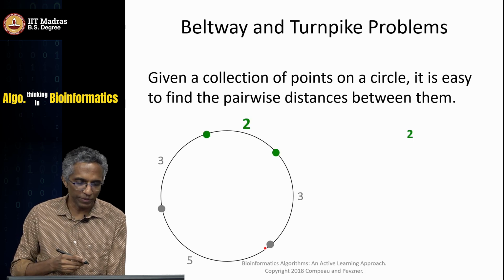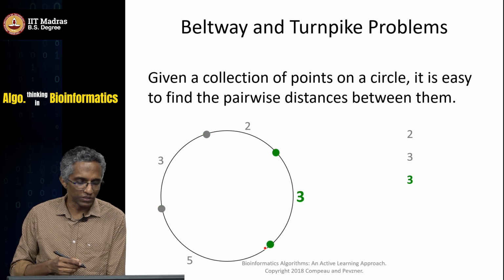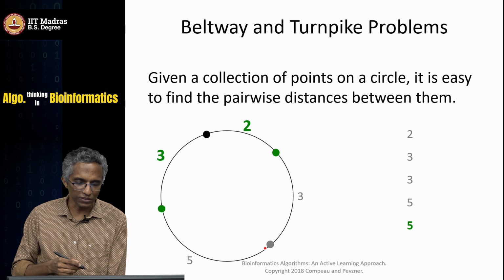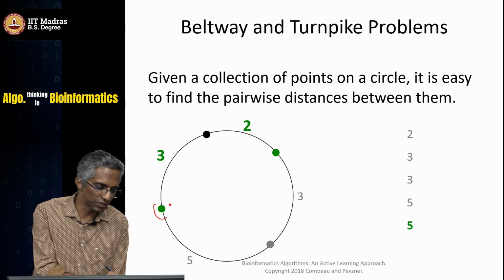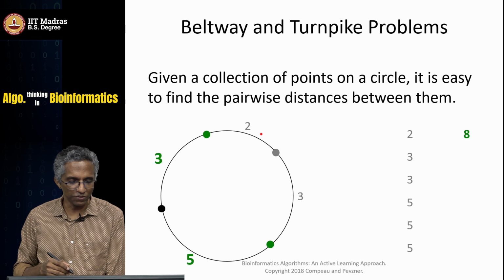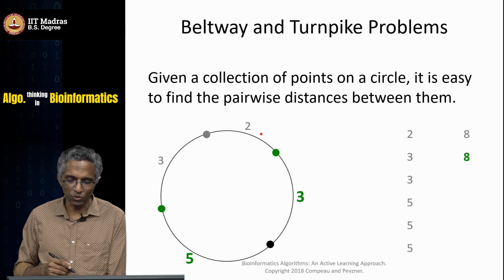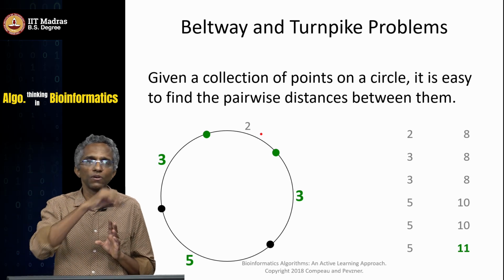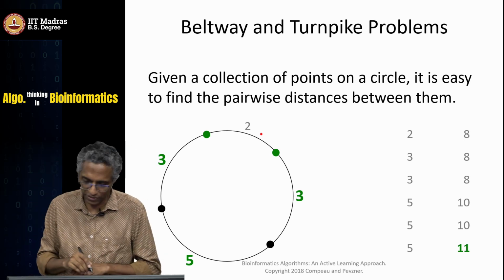Between these two green points it is 2, between these 2 points it is 3, between these 2, 3, 5. So, these are the neighboring point distances. Now, you have another 5 from this to this, you have 3 plus 2, 5. This to this you have another 5, you have 8 and so on. So, you can just look at distances between all pairs of points in both directions, clockwise and also anti-clockwise.